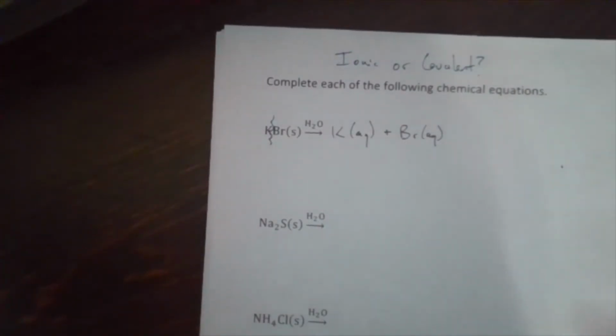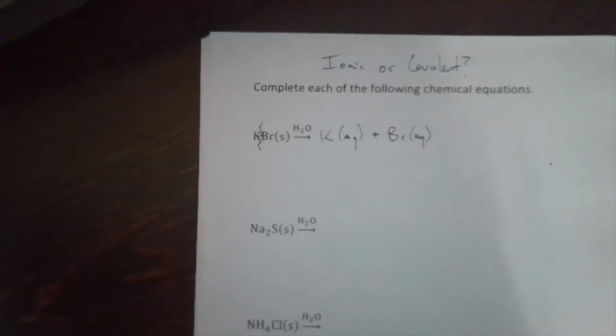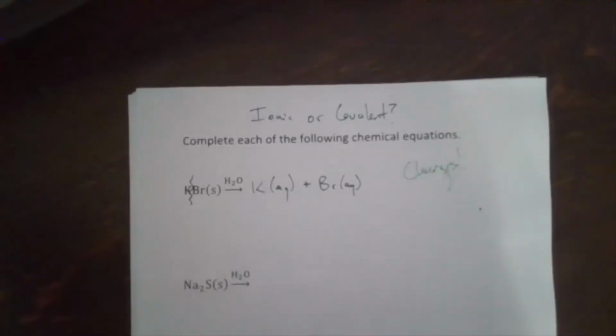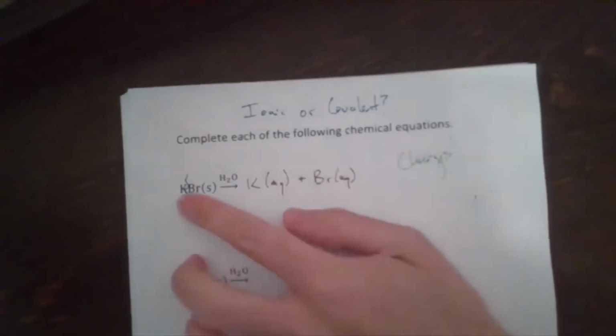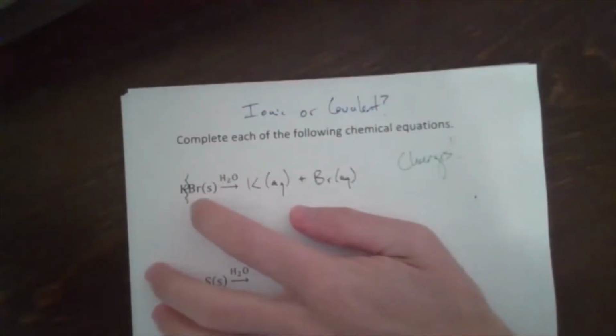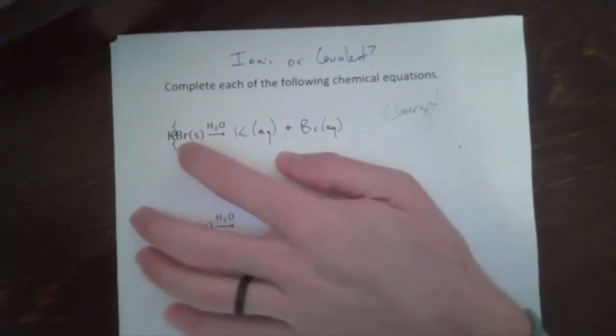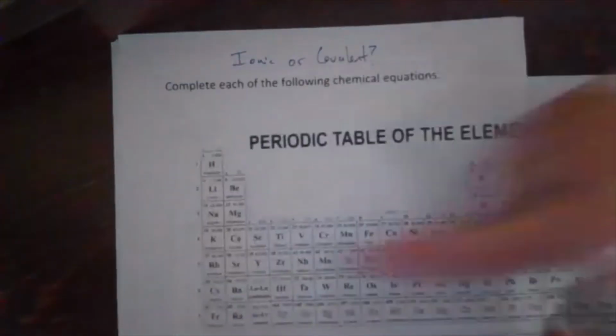Okay? And so that looks great so far, but we want to not forget our last step, and that is we need charges. These are ions. When they dissolve, they need to still show the charge that they have, right? And KBr, we can't necessarily predict the charge just from the formula. What we can do is return to our periodic table.